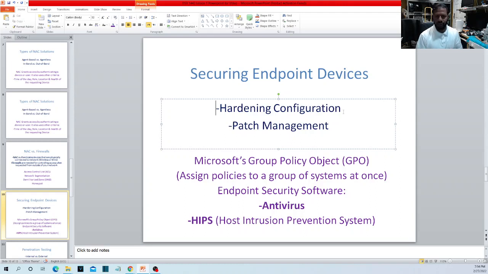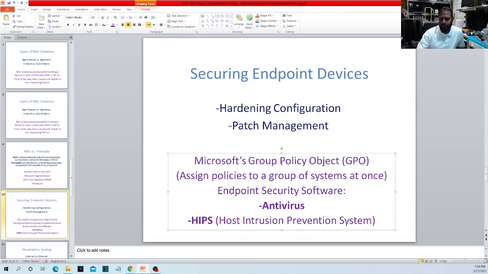Okay, hardening the configuration. Patch management. All the computers require, from time to time, security updates to be installed in them. They are called patches. They have to be regularly updated on time. Microsoft Group Policy Object, or GPO. This GPO is a very useful thing.